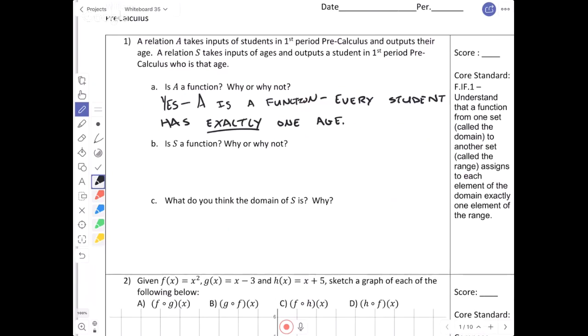Cool. Then relation S takes inputs of ages, like 15 or 18, and outputs a student in first period PreCalculus who is that age. So is S a function? Why or why not? No. S is not a function.